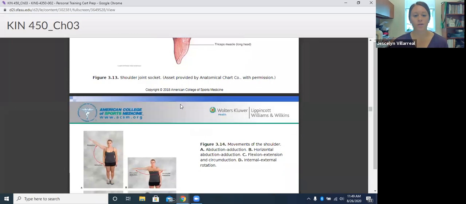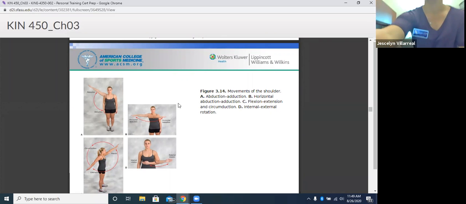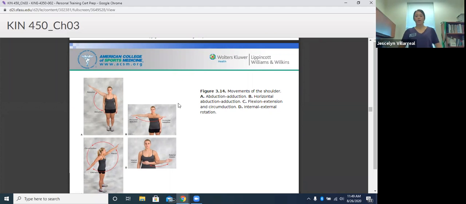Okay, so we're going to stand up now and practice some movements of the shoulder. We can start by standing in anatomical position, feet underneath you, standing up tall. From here, we're going into shoulder abduction, which is a lateral raise. This is ABD, and adduction is bringing it to the midline. So abduction, adduction.